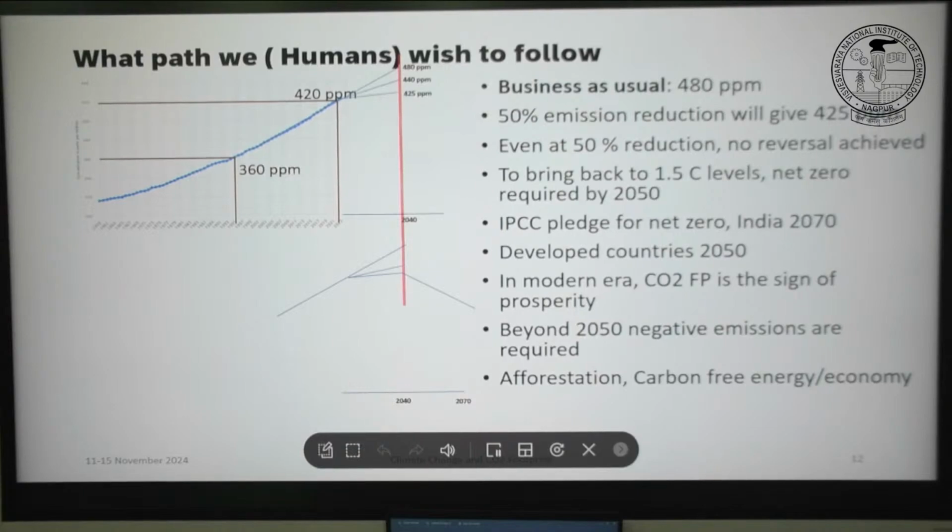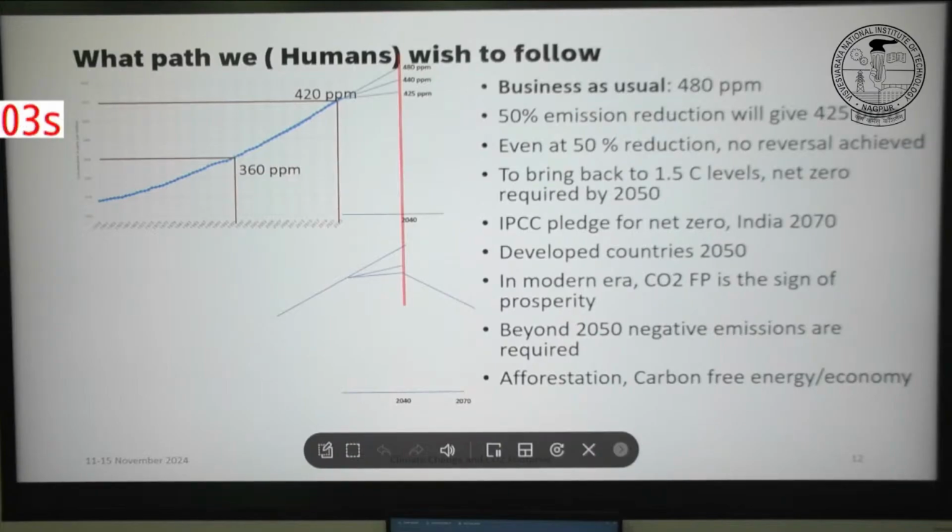So IPCC, if I'm not wrong, maybe Dr. Rajman correct me, Intergovernmental Panel on Climate Change. It's an apex body. All the countries have come together, discussed this issue, and they have set out some plans for how we can address this problem. So they have pledged that they will go net zero by 2050. That means the Western countries. There is also a political angle in this one.